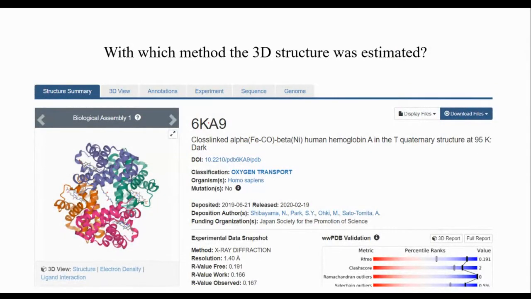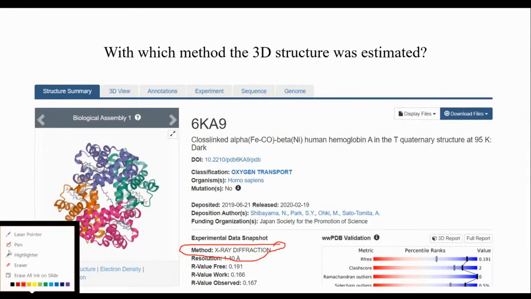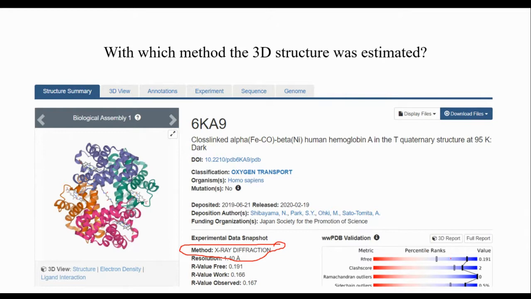Now, with which method was the 3D structure estimated? Here you can see in the experimental data snapshot that it is mentioned here. They used X-ray in order to come up with this 3D structure. And let me also show you this part. I won't ask questions about this part in the final exam, but you should know that this is related to statistical significance.